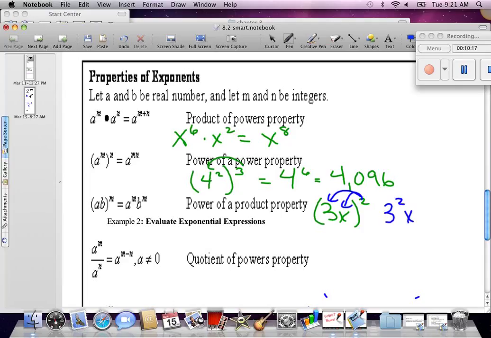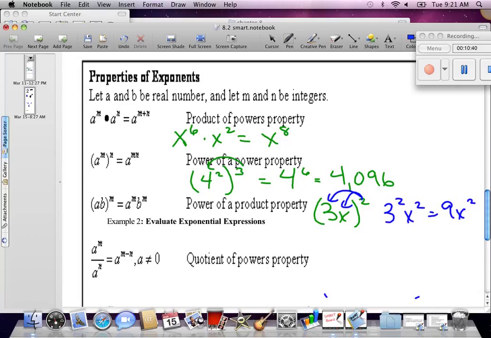So you end up with 3 squared times x squared. What's 3 squared? Shelby, what's 3 squared? 9. So you end up with 9x squared. So you simply are distributing whatever's on the outside.